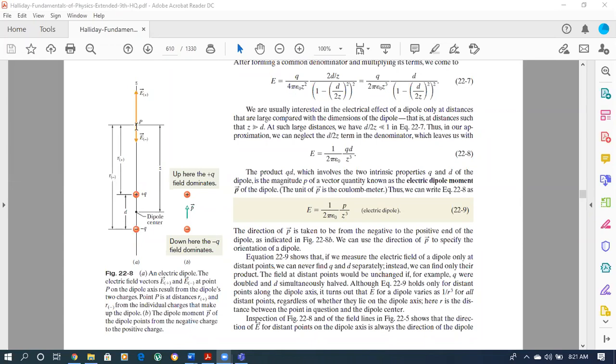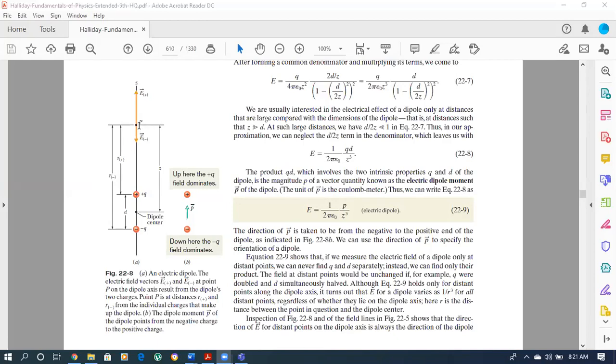So what would be the direction of the electric field at point P? Because this point P is closer to the positive charge, definitely it will have more influence as compared to the negative charge.